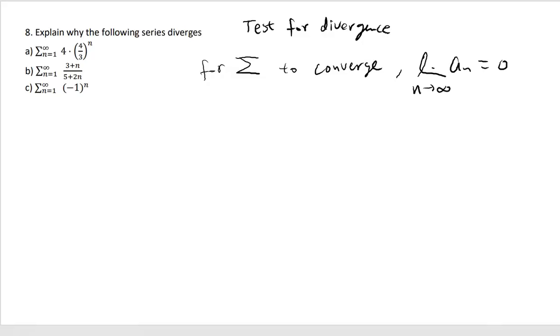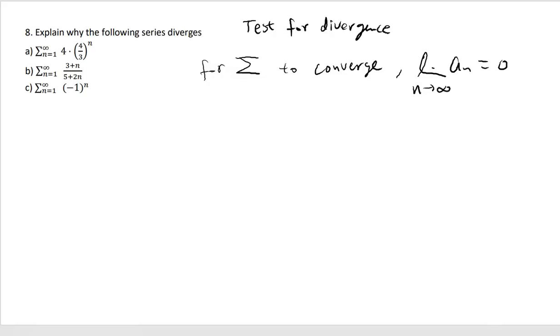Now this doesn't mean that if the limit of an goes to 0 as n is sent to infinity, the summation will converge. It doesn't say that. It's like the minimum condition, okay? But to actually converge, it will have to meet more stringent criteria. That's what we're going to see later.